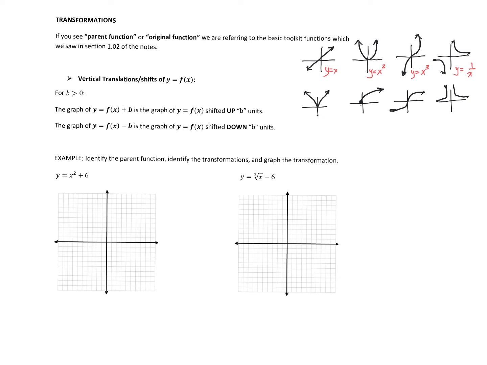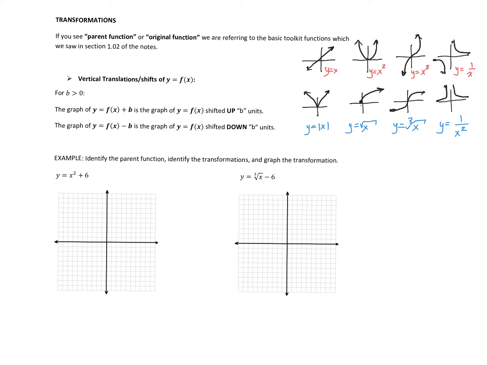On the bottom, we have the absolute value of x, the square root of x, the cube root of x, and then another reciprocal function 1 over x squared. So we'll have those there just for reference here at the beginning.